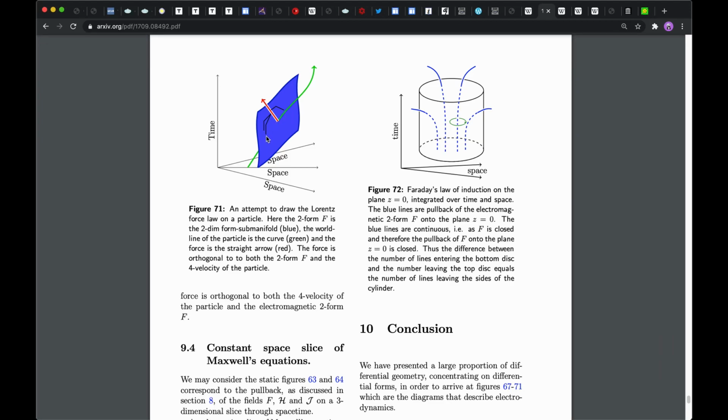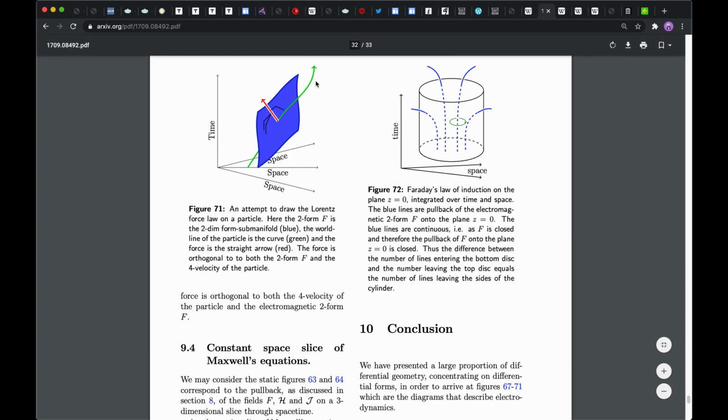Yeah, so basically the force acting on the particle will be perpendicular to the forward velocity of the particle and that 2 form here.